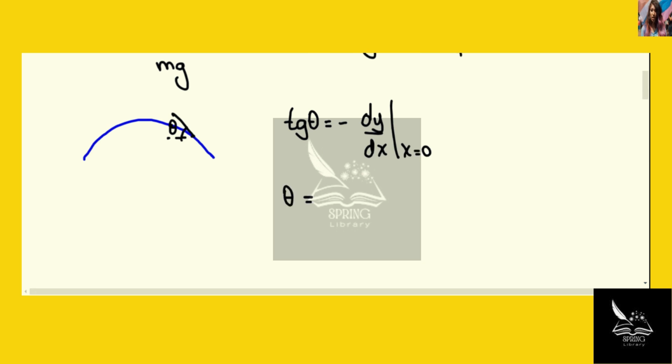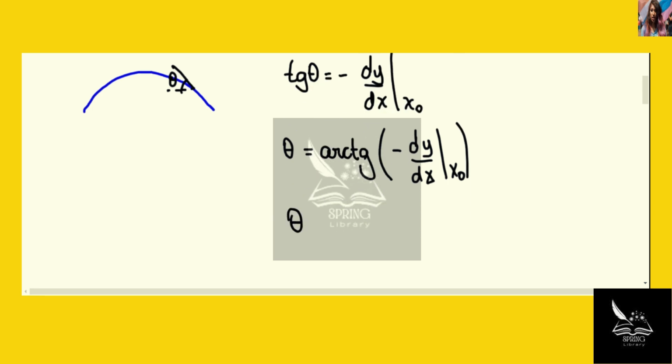So theta is the arc tangent of minus dy dx at x0.